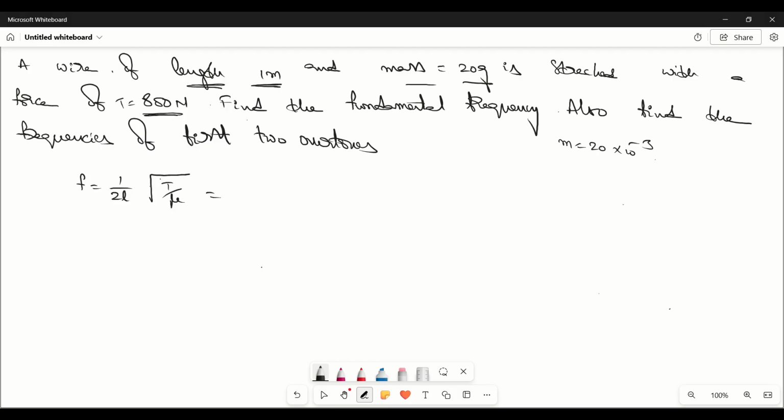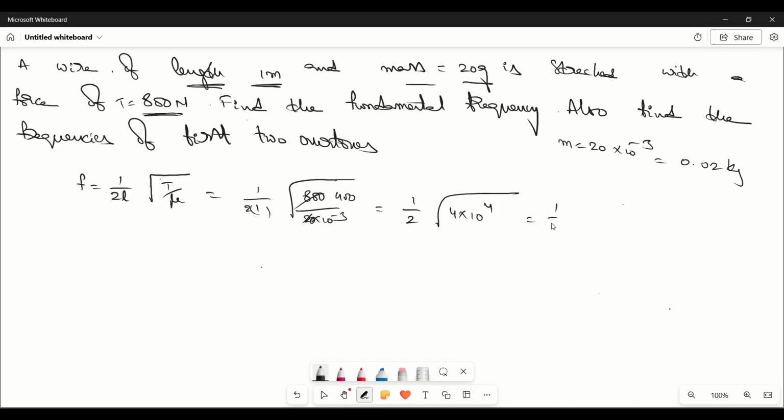As we substitute the values, 1 by 2 into 1 under root of 800 by 2 into 10 to the power of minus 3. So we have 400. So we get 1 by 2 into under root of 4 into 10 to the power of 4. So we can represent 1 by 2 into 2 into 10 square. The 2 into 2 gets cancelled. So here the fundamental frequency is 100 hertz.